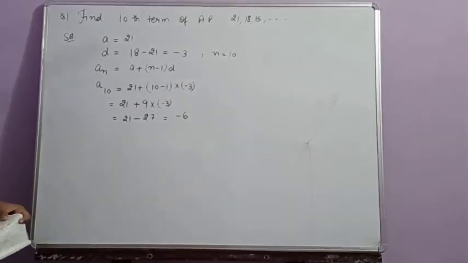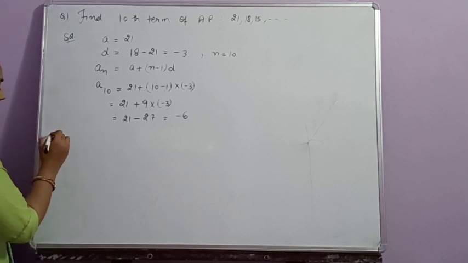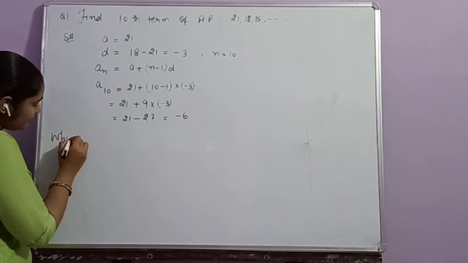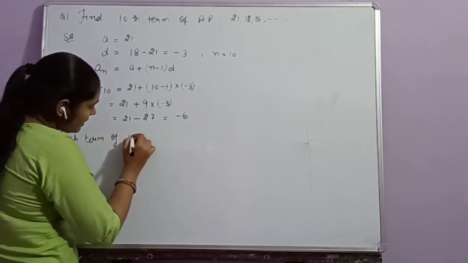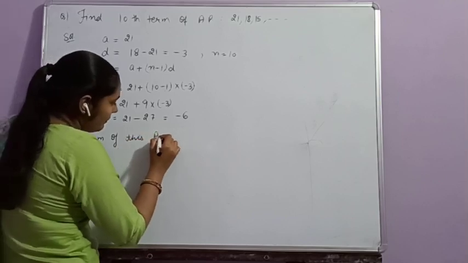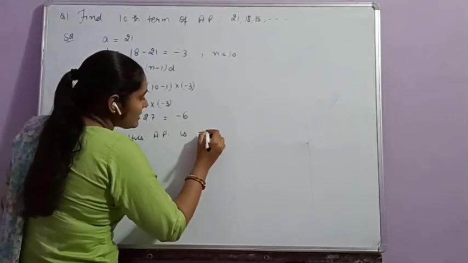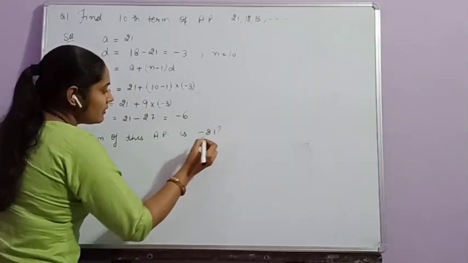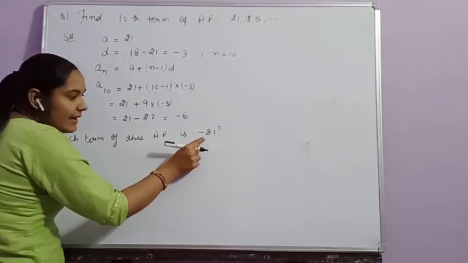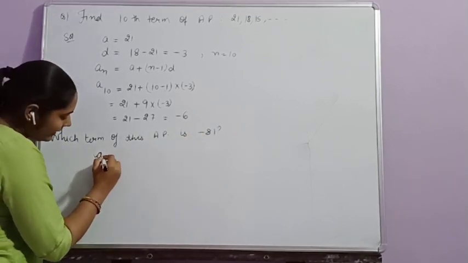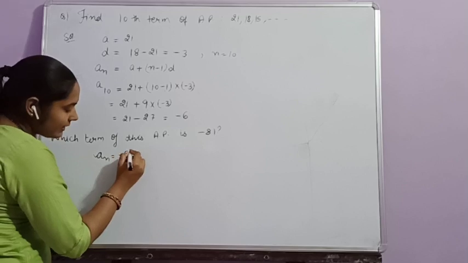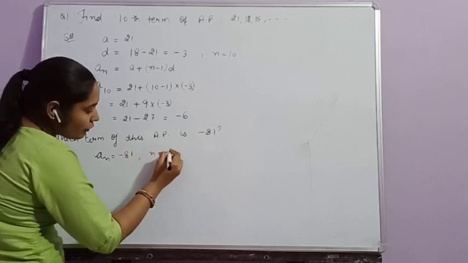Now we have to find out which term of this AP is minus 81. So the value of an is given to us and we have to find n. Here an is equal to minus 81 and we have to find the value of n.